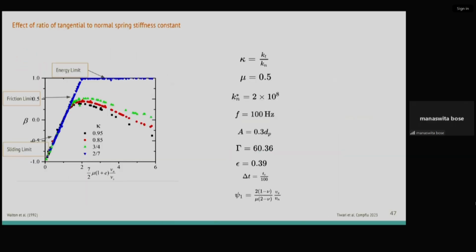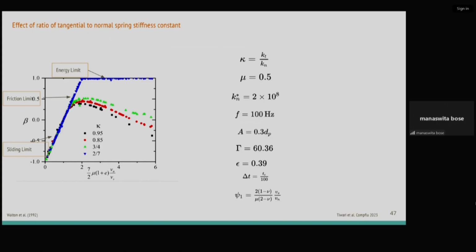This is what I wanted to share with you. From this DEM, at every time step, we have the position, velocity, and angular velocity of the particle. So from there, we could get much information. What information we could find is the number of particles or the exact identity of the particles at contact.